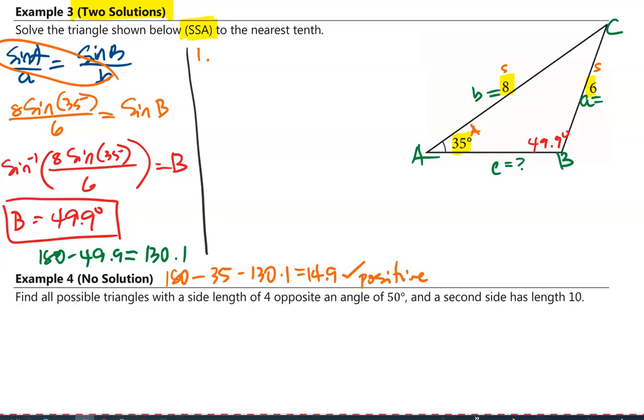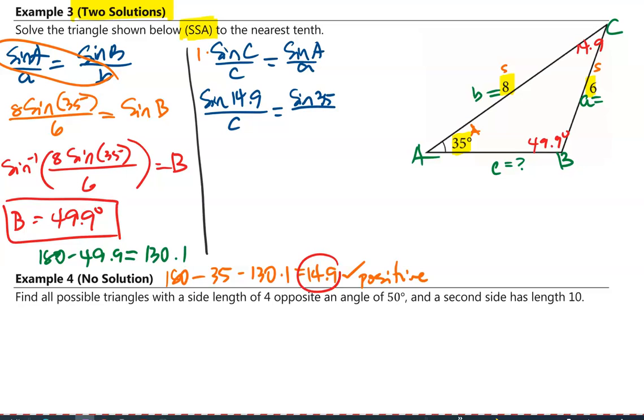And let's start with the first one. So let's use this first 14.9 as your angle C. So that is sine C over C is equal to sine A over A. So sine 14.9 over side C is equal to sine 35 over side A, which is 6, and then we isolate side C, so we cross multiply this.